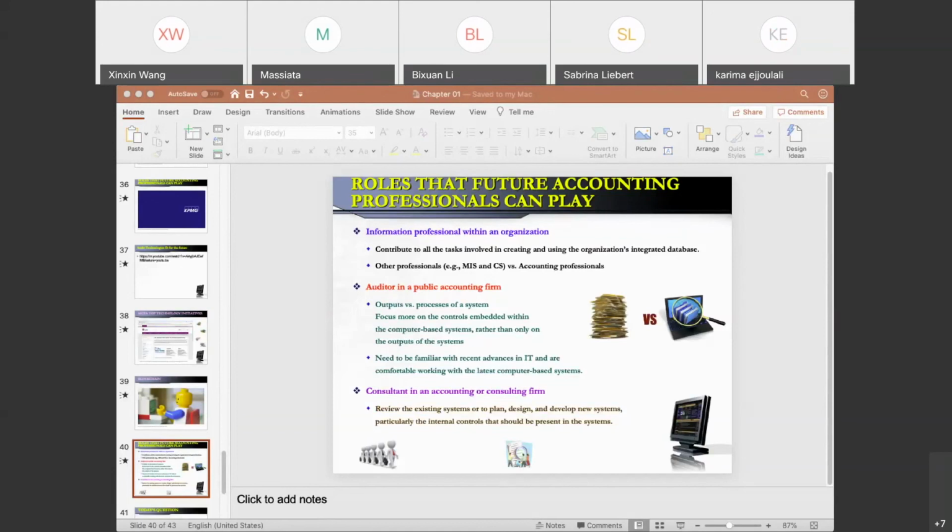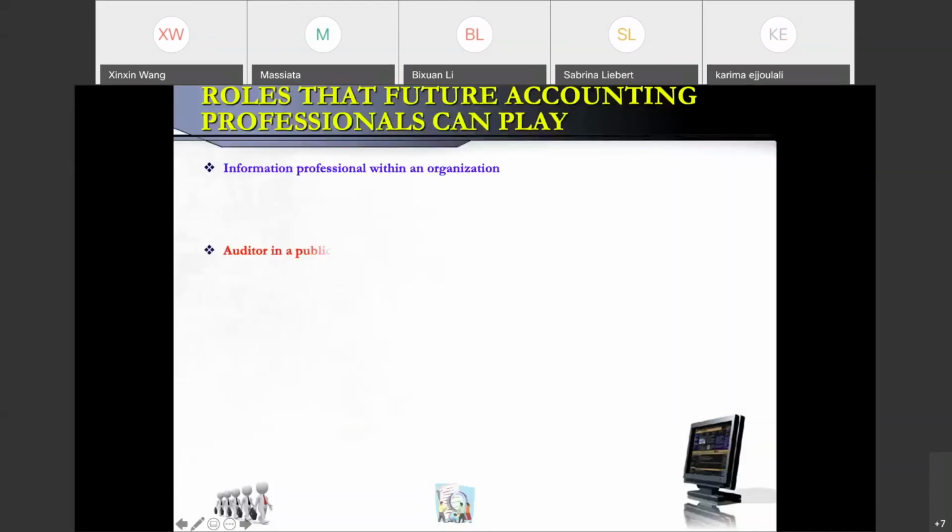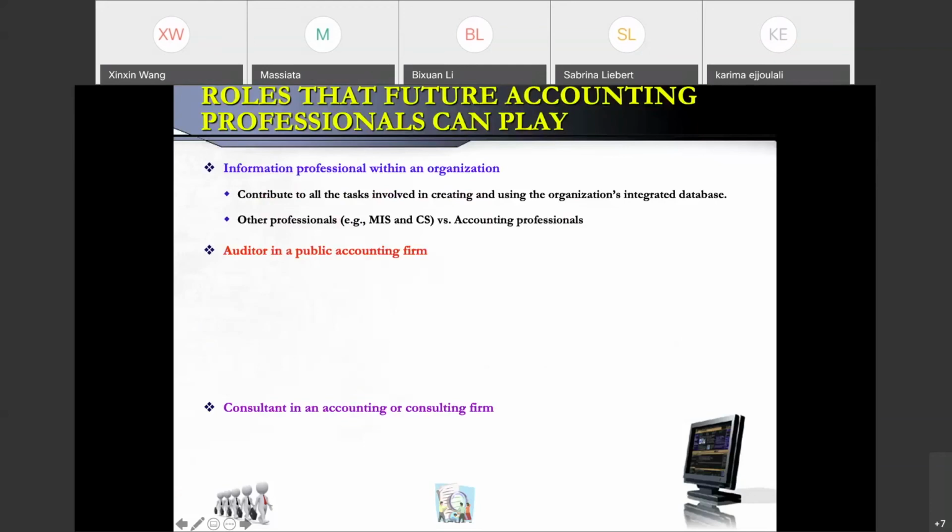I think that accounting professionals focus on things related exactly to accounting, meaning stuff like financial matters. Computer science people do general stuff about everything related to the computer and IT.